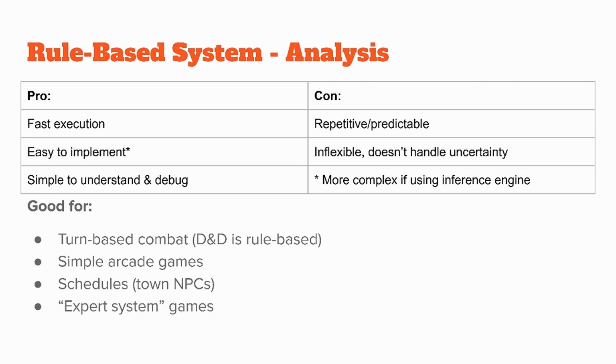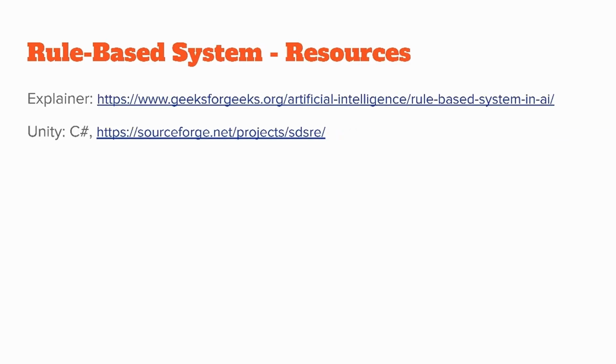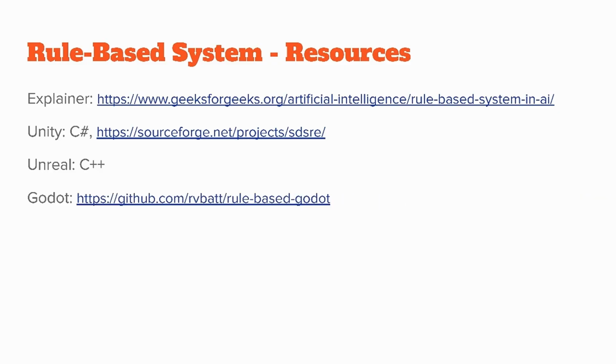And it's good for expert system type games. These are question and answer type games. So some resources for that. There is an expert system inference engine for Unity that I've linked here, and in Unreal, you just write in C# if you need to. And there is a rule-based system for Godot also.